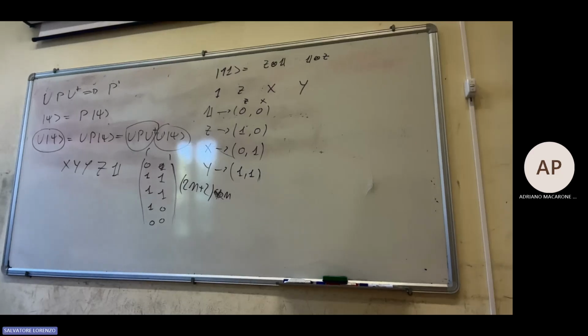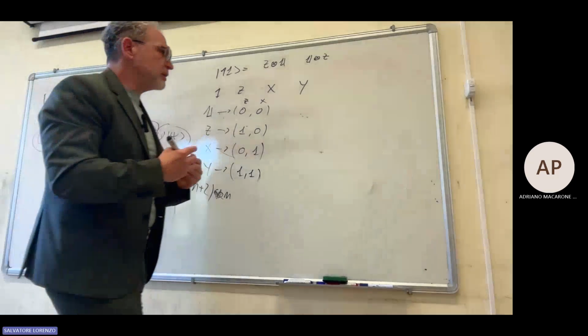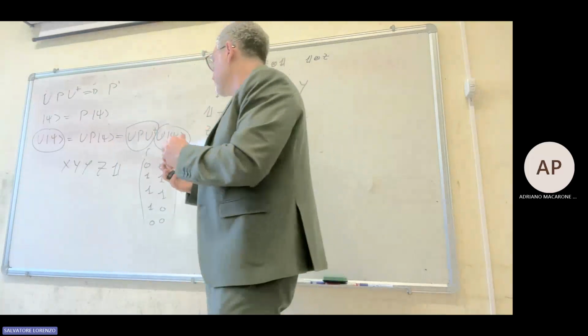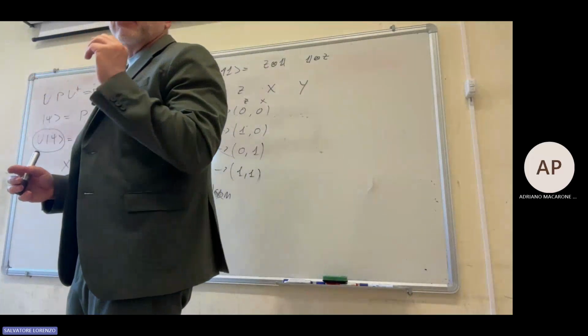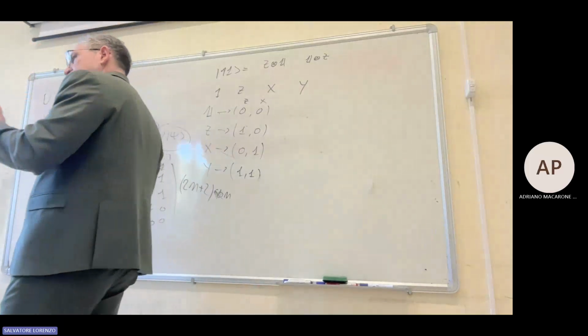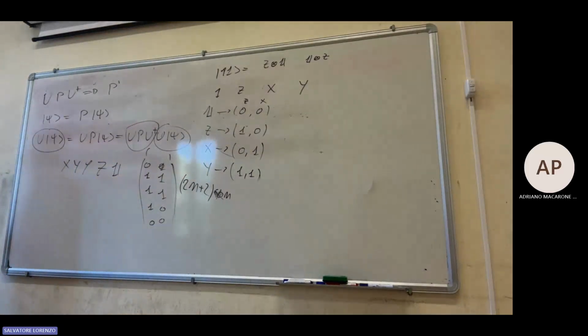For a generic quantum state, we need 2 to the n different coefficients to describe the state, and moreover, these parameters are also complex, so theoretically it is 2 times 2 to the n, because we have to save not only the real part but also the imaginary part.